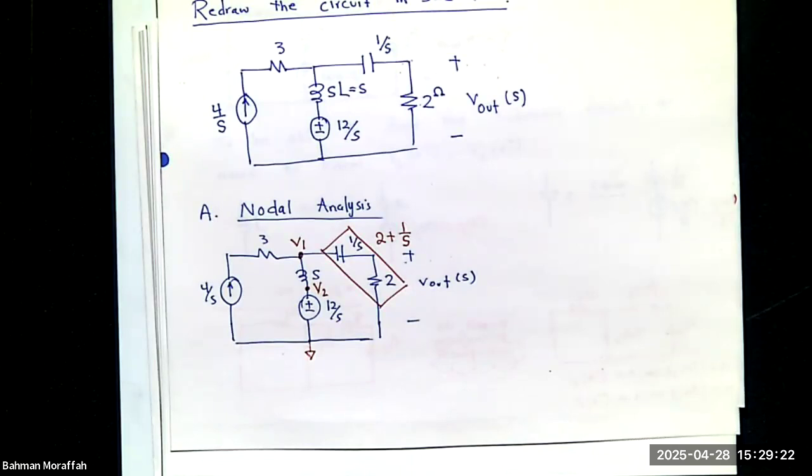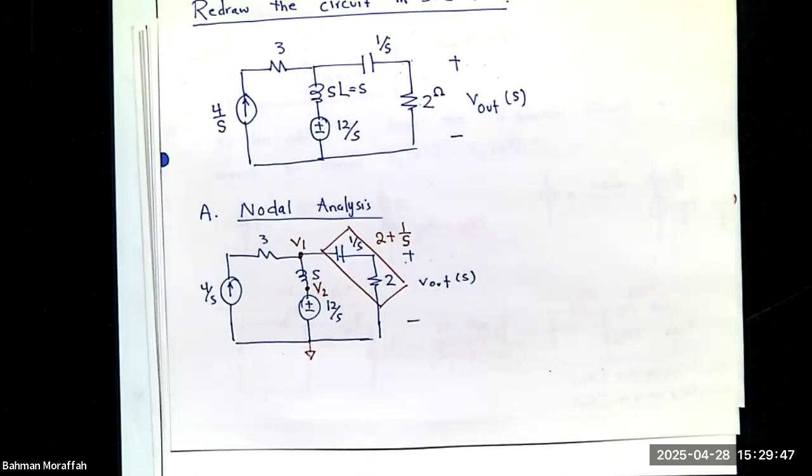Remember, when we're doing nodal analysis, voltage sources are either very easy or problematic. When are they very easy? They're very easy when the voltage source is located between a node and the ground. When are they problematic?